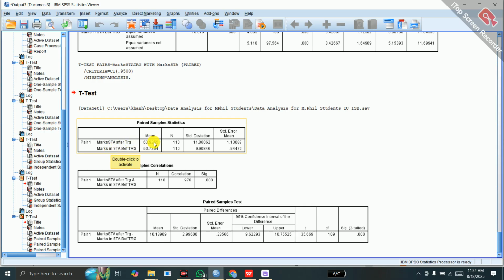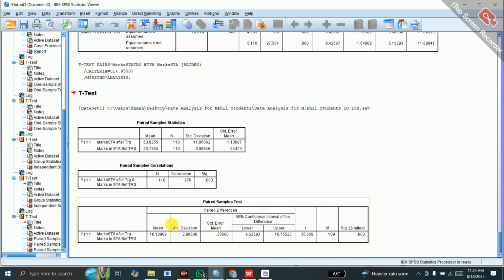The mean or the average marks of the students after training are 63.93, and their marks before training, the average is 53.74, and these are the standard deviations of the two, and these are their standard errors, and this is the paired sample correlation. The correlation between the two series, marks before training and after training, is very high, that is 0.97, close to 1, and this correlation is statistically highly significant.